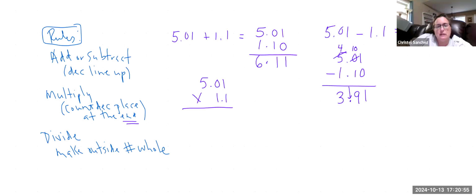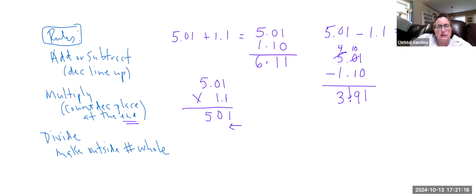1 times 1 is 1. 1 times 0 is 0. 1 times 5 is 5. Now, when I start in on the next number, my answers we're going to indent it in one line because that's where it's at.